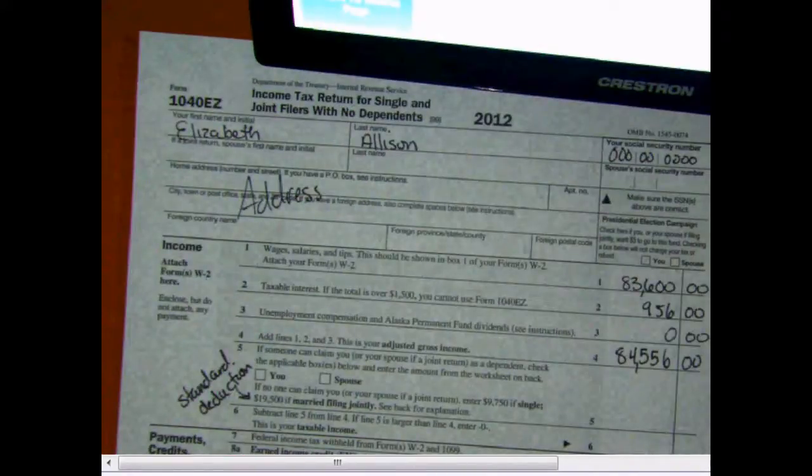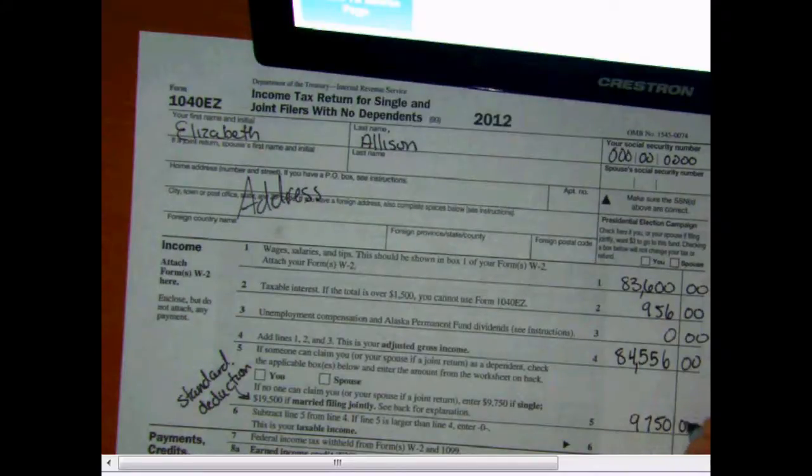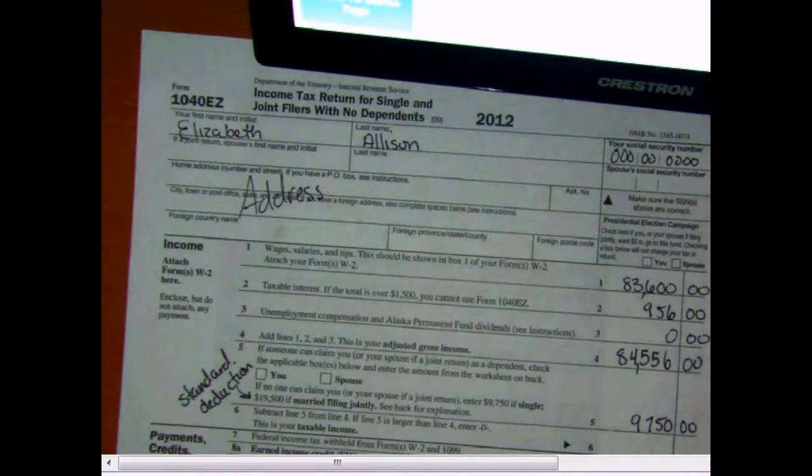We've talked about you can itemize deductions. Well, if you're not itemizing deductions, you get the standard deduction. So everybody filing singly gets the exact same amount. Everybody married filing jointly gets the exact same amount deducted unless they're itemizing. So she's single, so I'm going to put the 9,750.